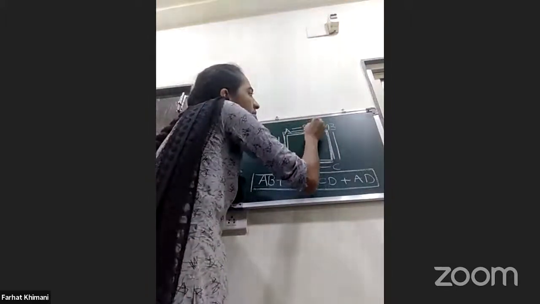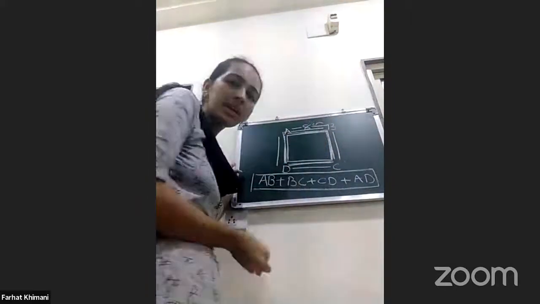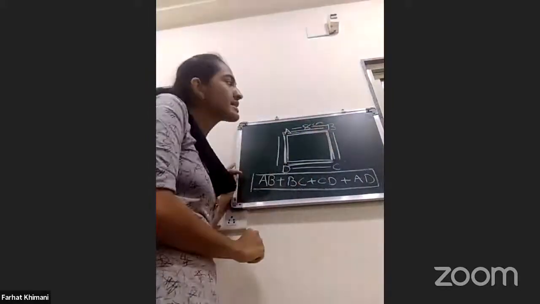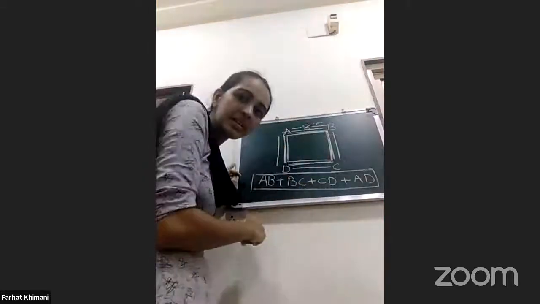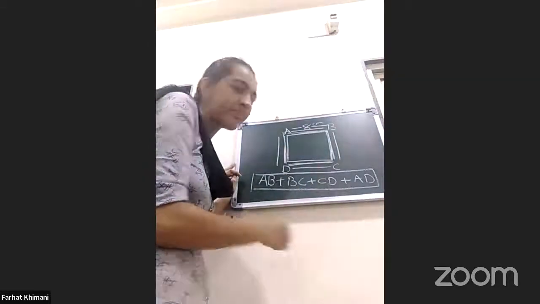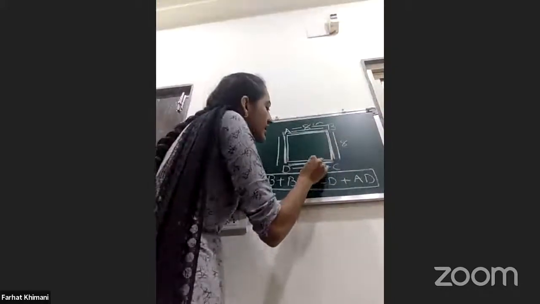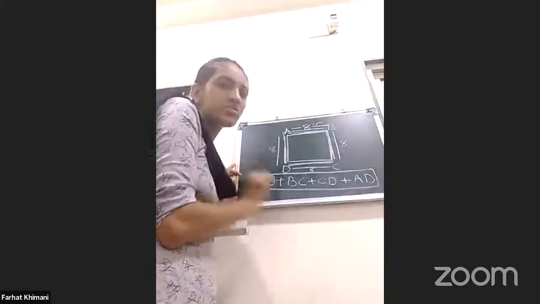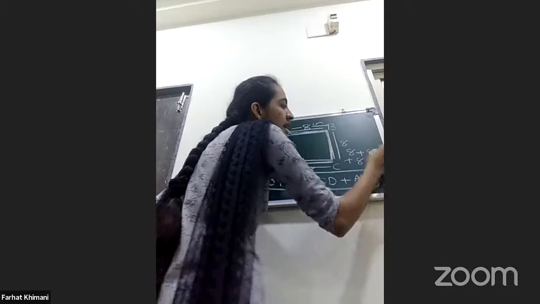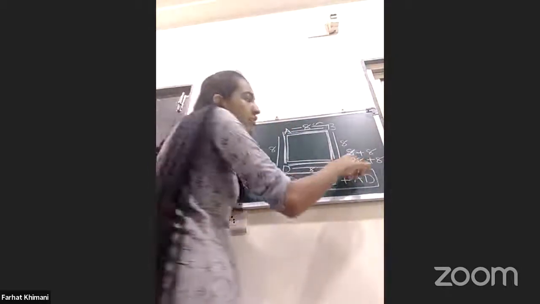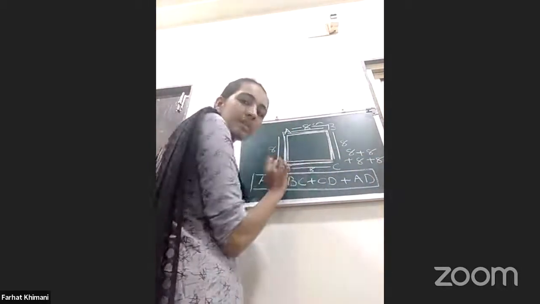So let me take the measurement of AB as 8 centimeter. So all the sides will have the measure 8 centimeter. This is 8, this is 8, and this is 8. So what we will do is 8 plus 8 plus 8 plus 8. We will add 8 four times to get the perimeter.